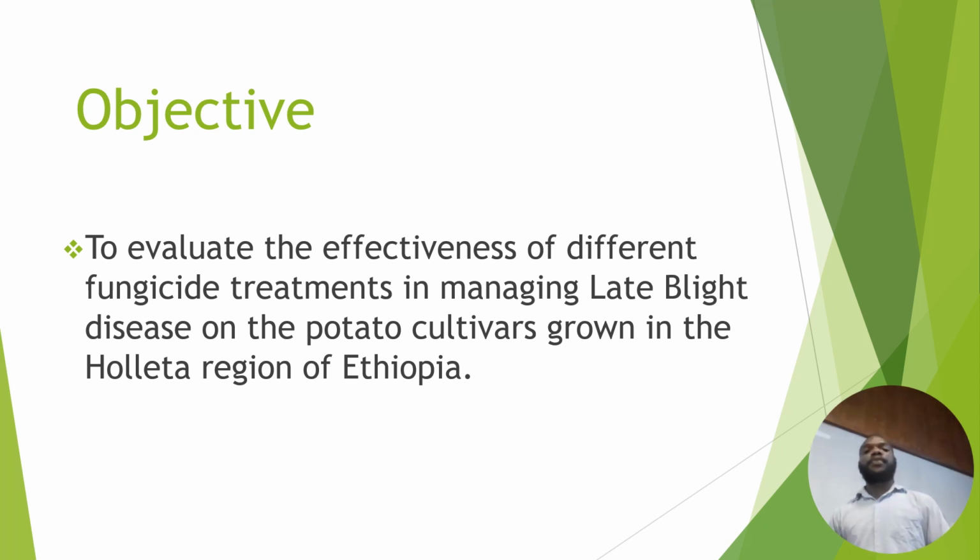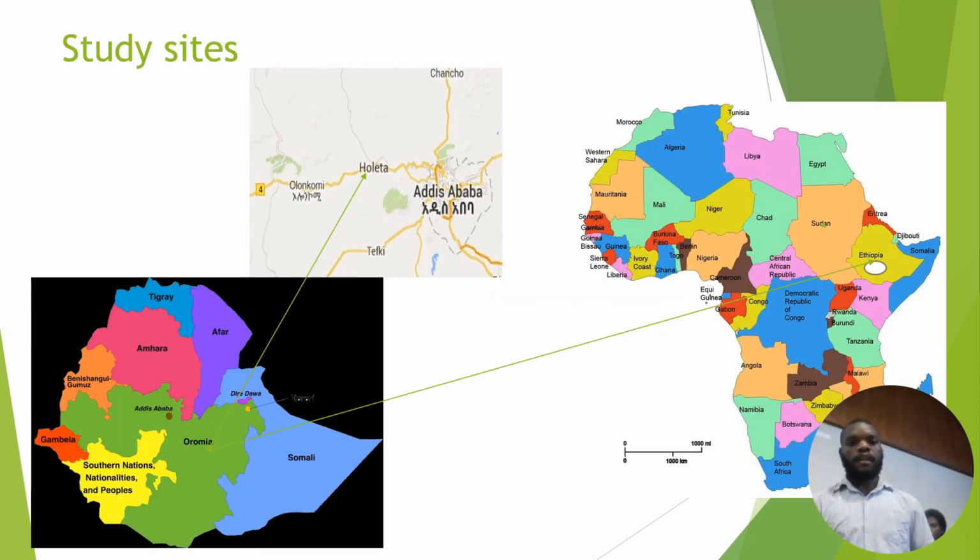So the objectives of the researchers: the objective is to evaluate the effectiveness of different fungicides in managing late blight disease on potato cultivars grown in the Oleta region of Ethiopia. This is the objectives. And as you can see, this is the simple map.